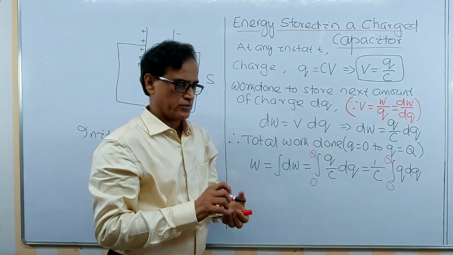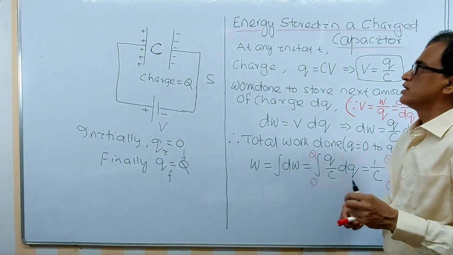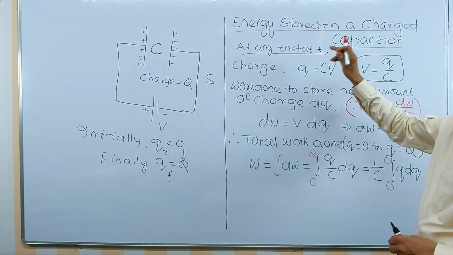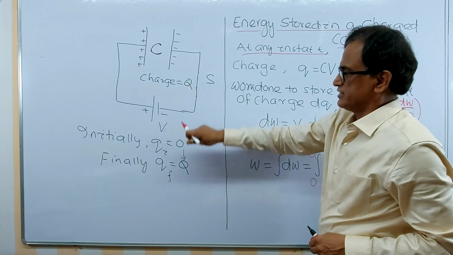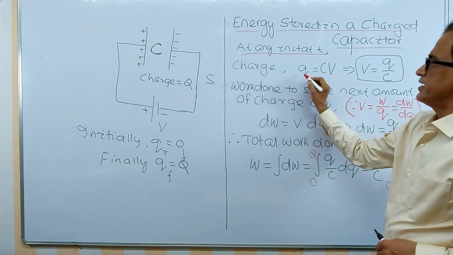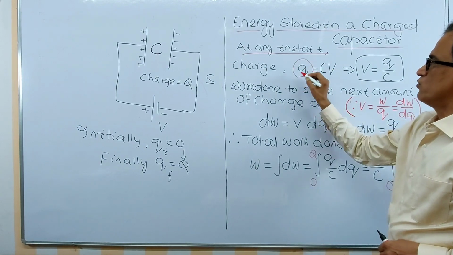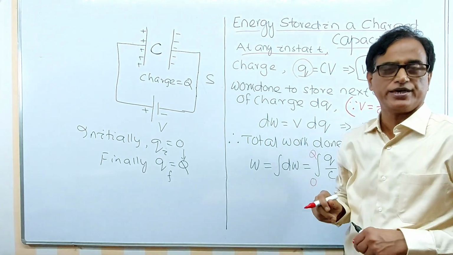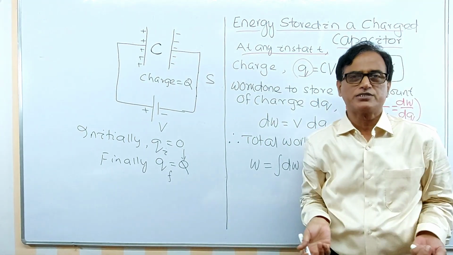Now here you can come to this point. At any instant t during the charging process, the initial charge is 0 and the final charge is Q. At any instant, let the charge be small q. Q is given by the formula CV. C equals Q by V, you know the very common formula for capacitance.